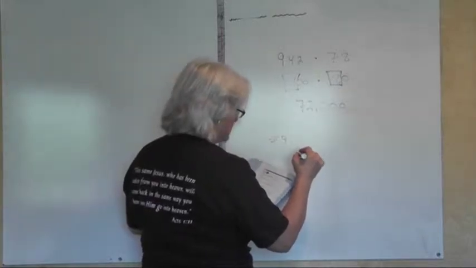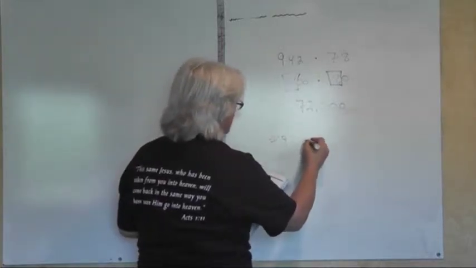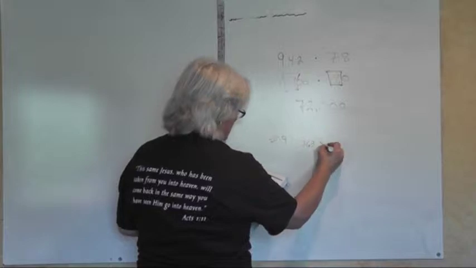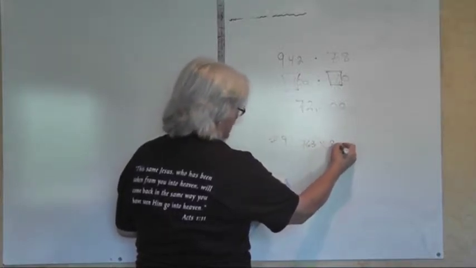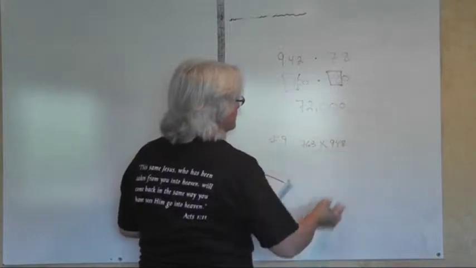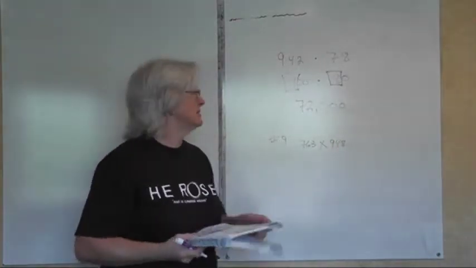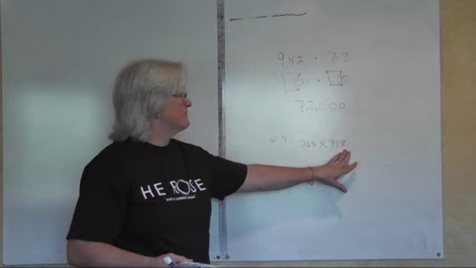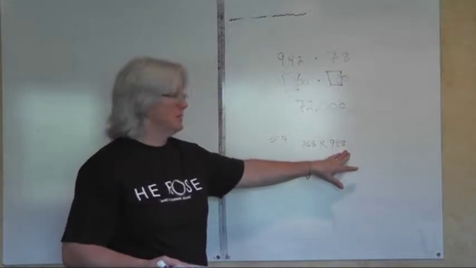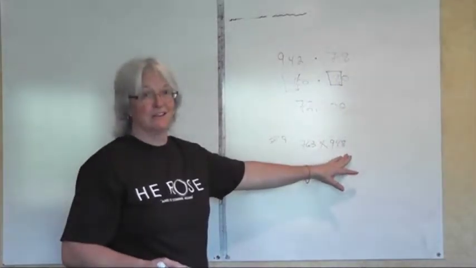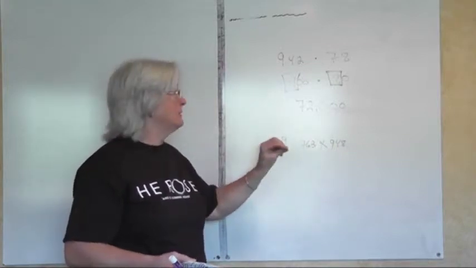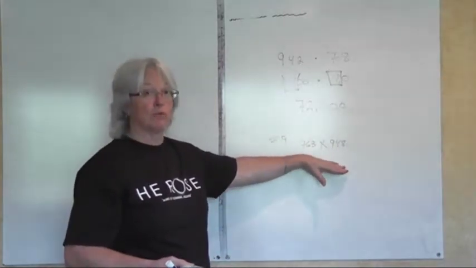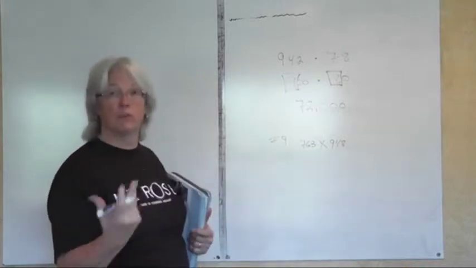Number 9 says, estimate this, 763 times 948. They're still using that multiplication sign as an X, which I hate. We're getting rid of this. That's an ugly number. There are people who can do that multiplication in their head. I can't. But I do know how to round to come up with a good estimate.